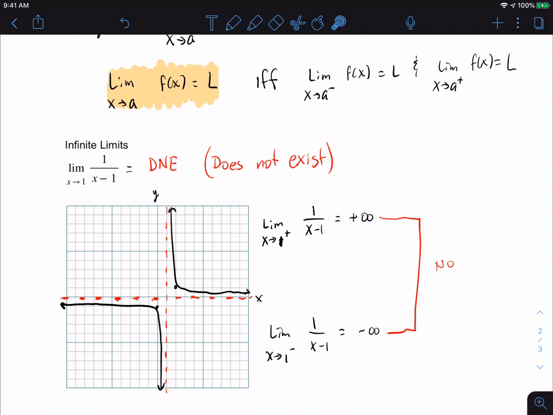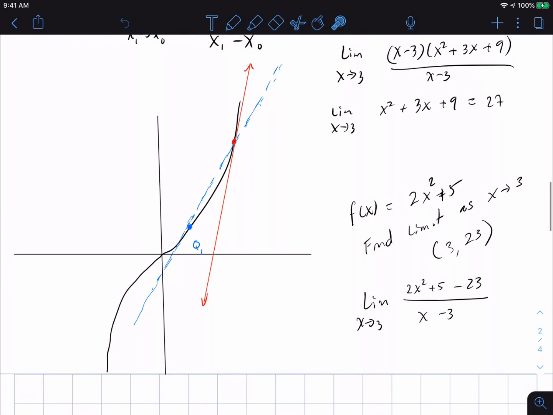Do you want me to do one where it does, so you guys can see? Well, we did one actually in the previous notes. We did one where it worked, where we had the same 5 value. Remember I showed it from the right and from the left, and it gave the same 5 value? That was showing that from the left and from the right was the same, and so the limit of that function counted. It wasn't one-sided. Okay? Here, I'll go back and show you real quick.